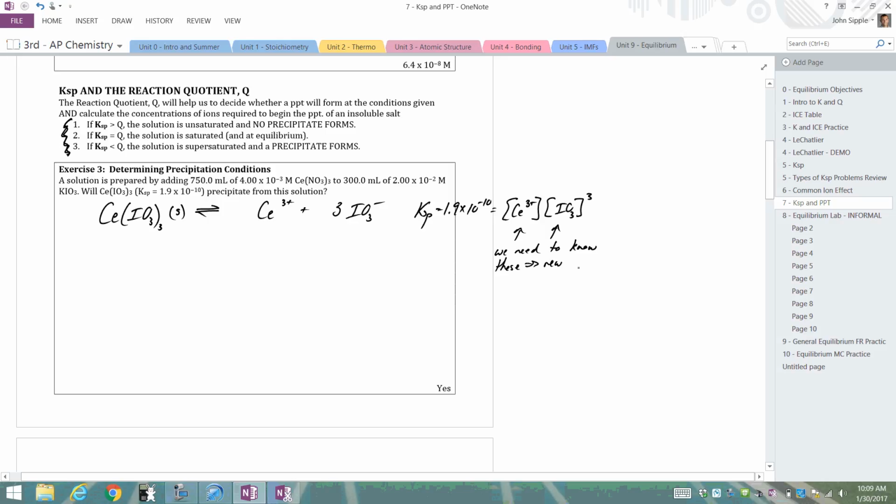So we have a new volume of solution. We need to know those values, but we have a new volume of solution. So that means we need to use the information we have to figure out how many moles of ions we have and then divide by the new volume. Okay, so we need to use the information they're giving us here.